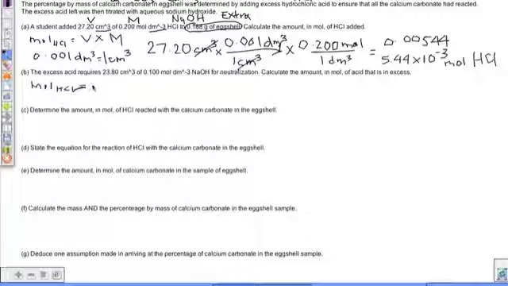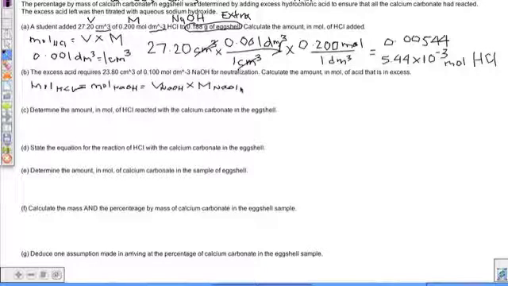So the moles of HCl would be equal to the moles of NaOH, which we know then would be equal to the volume of NaOH multiplied by the molarity of NaOH.